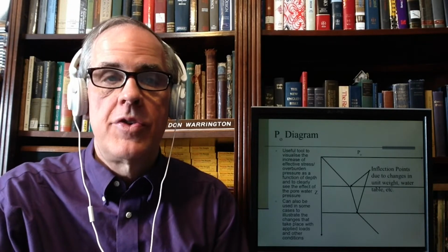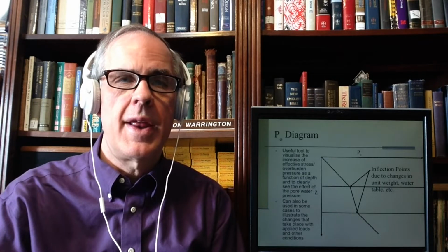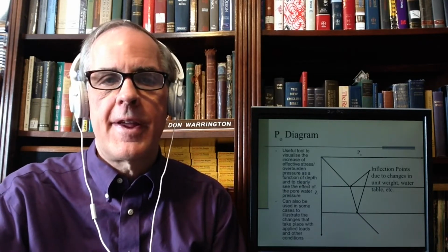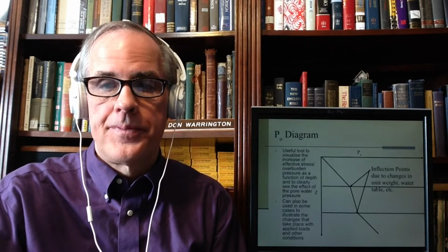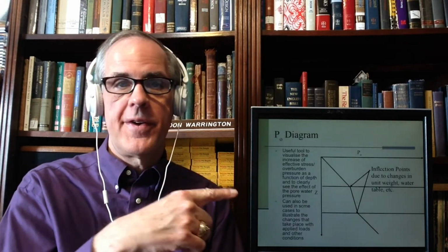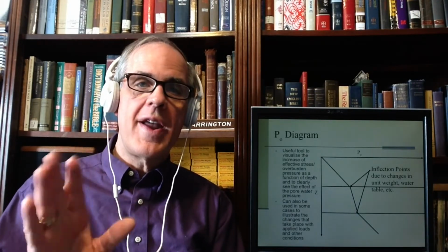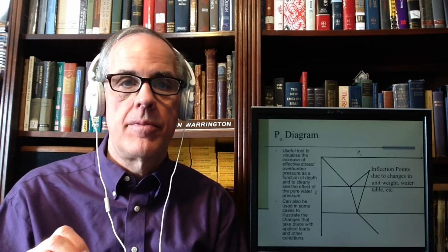And it can be used, and we'll show you how that's done, when we include other loads that we put on top of it. It'll be a little bit later, because first of all, I've got to show you how other loads work when they get under the soil. These are very important, because they give you a way of visualizing what's going on in the soil.